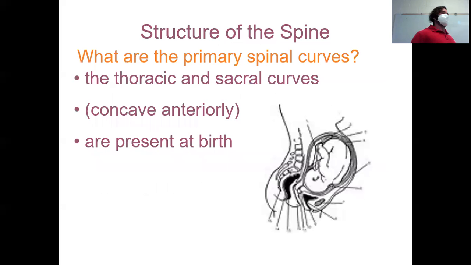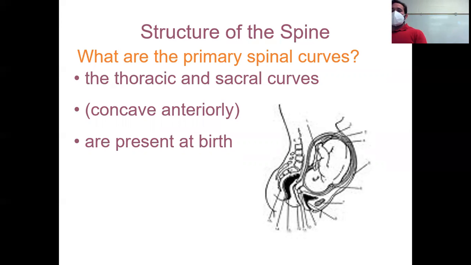Now, when it comes to the curvatures of the spine, we have what's known as the primary and secondary curves. Primary are going to be the curves that we're just born with. That's going to be your sacral coccyx, so that hip curve, and your thoracic curvature, from the natural positions of being in the third trimester developing.